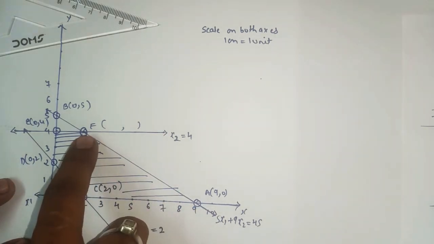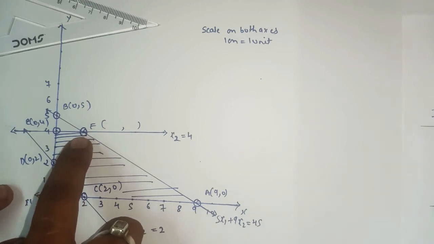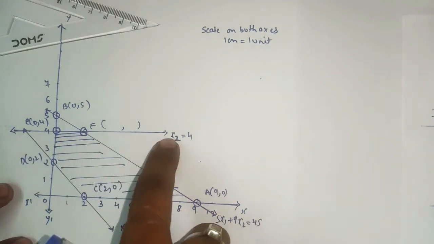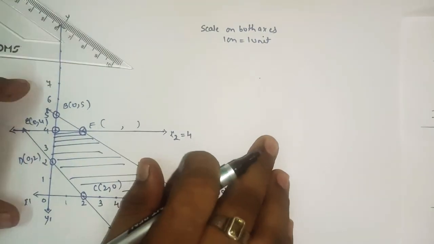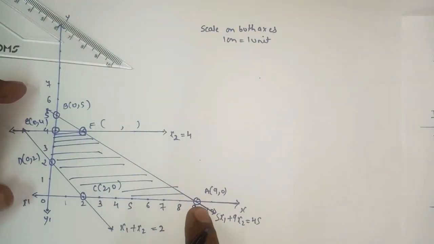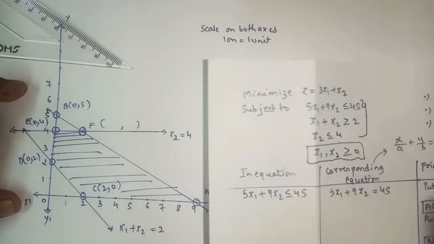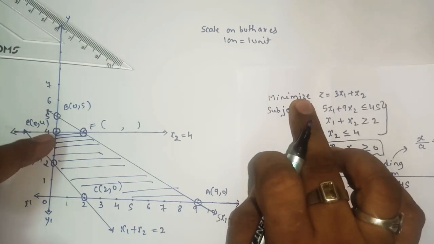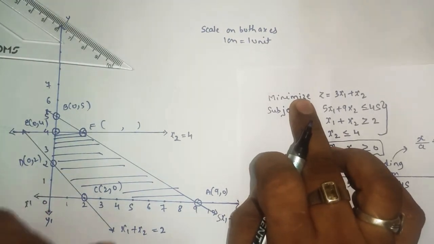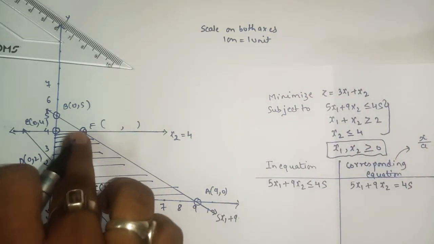Now we'll find the point for F, as F is the intersection between these two lines. So out of these 5 points, our z will be minimized either at E or at D, C, A and F.